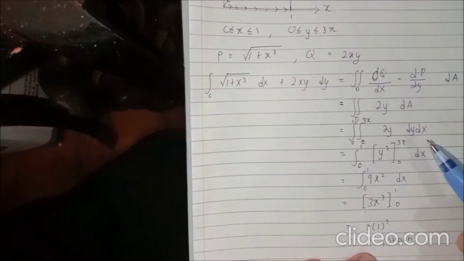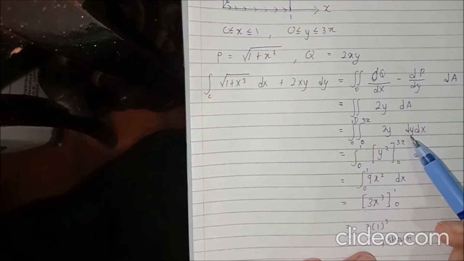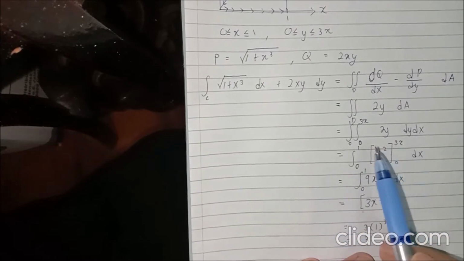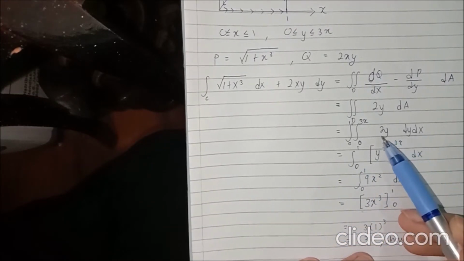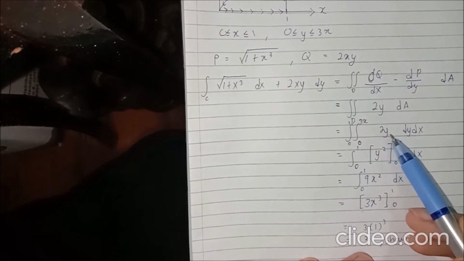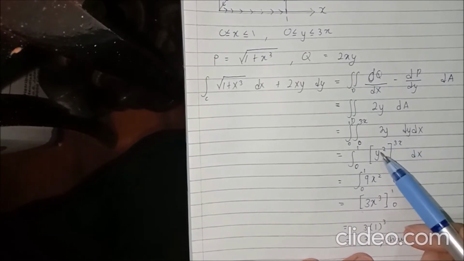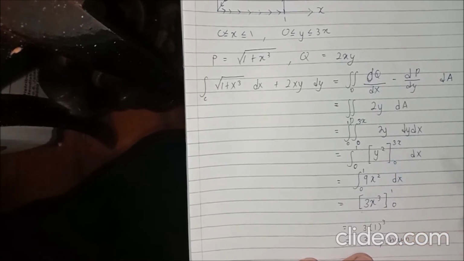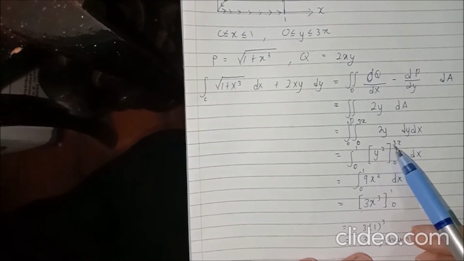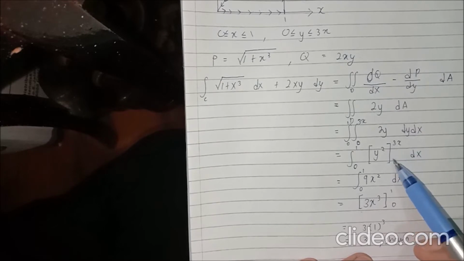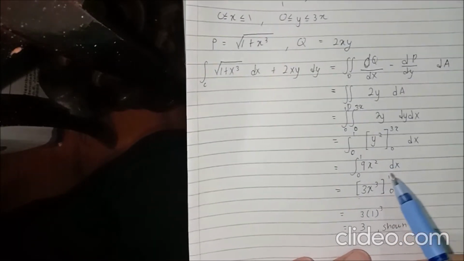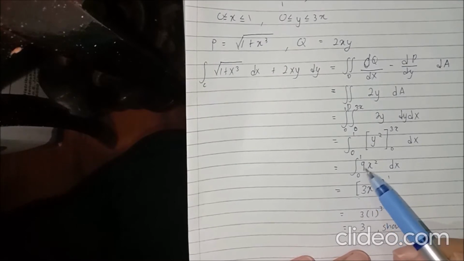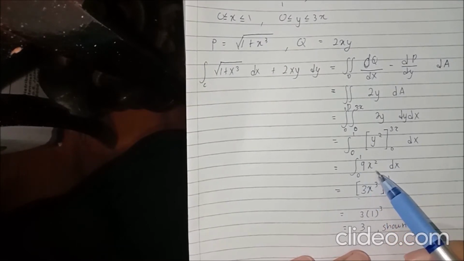So I need to integrate with respect to y first. When I integrate 2y with respect to y, it becomes y squared, and we substitute 3x minus 0. When I substitute it, we get 9x squared.